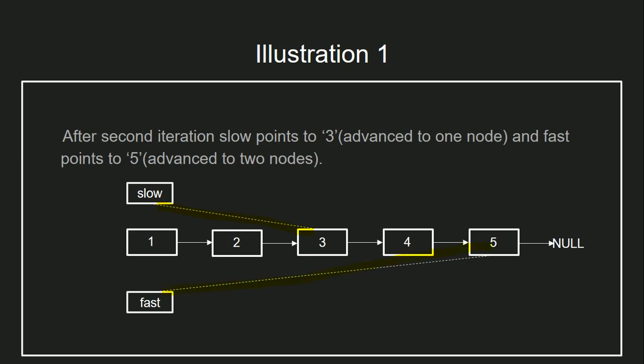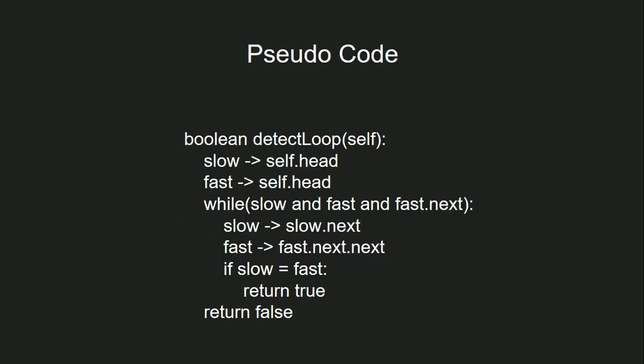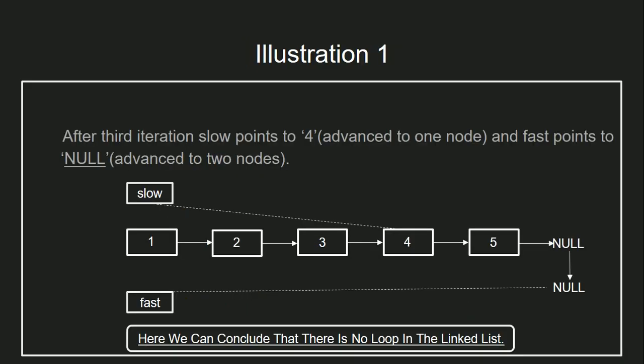And we can clearly see after this iteration, slow will be pointing to 4 and fast will be pointing to null. So let's look at the pseudocode again. In this case, this condition will not be satisfied and the function will return false since it does not contain any loop. Now this is the final iteration where fast will be pointing to null. Thus we can conclude that there is no loop in this list.